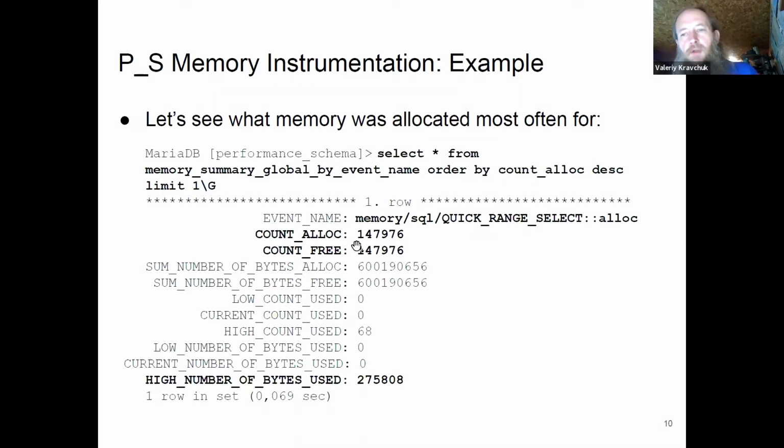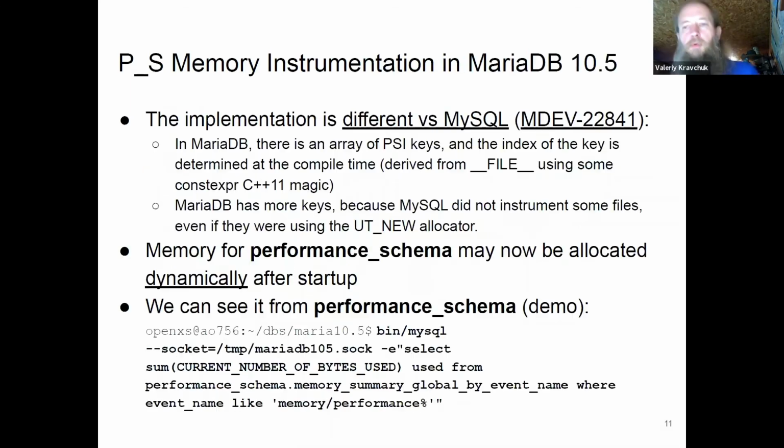And there is nothing to suspect about a possible memory leak here, because we have number of allocations equal to number of frees. And current bytes used was 0 for this instrument, for example, and we also have historical high and historical low usage, so you can study from that point of view. It's a large enough topic to study.